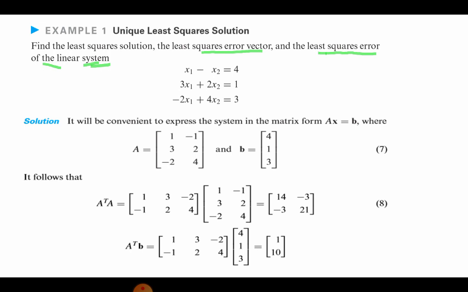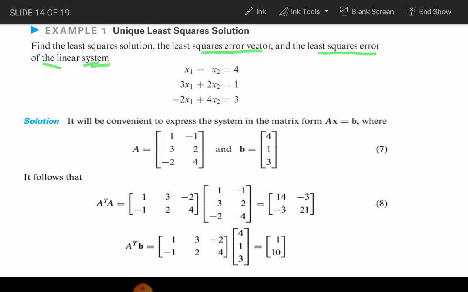So how to solve this? Firstly, we write the system in matrix form.